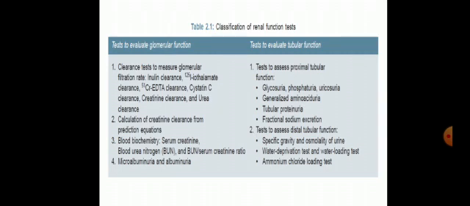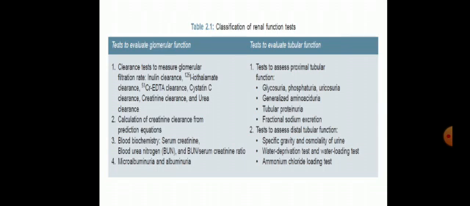Another method is calculation of creatinine clearance from the prediction equations. Third one is the blood biochemistry, which is commonly done as a part of renal function test, like serum creatinine assessment, blood urea nitrogen, and blood urea nitrogen versus serum creatinine ratio. And fourth one is microalbuminuria and albuminuria.